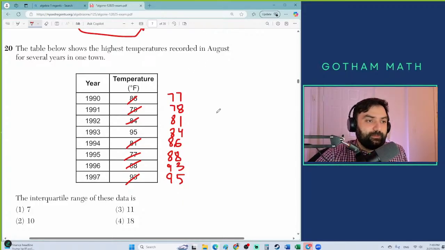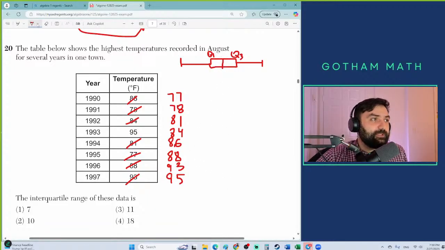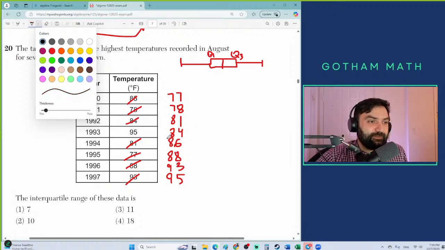So basically, the interquartile range in a box and whiskers diagram is Q3 minus Q1, where Q1 is the beginning of the box. So where is the median? The median here is right in the middle.